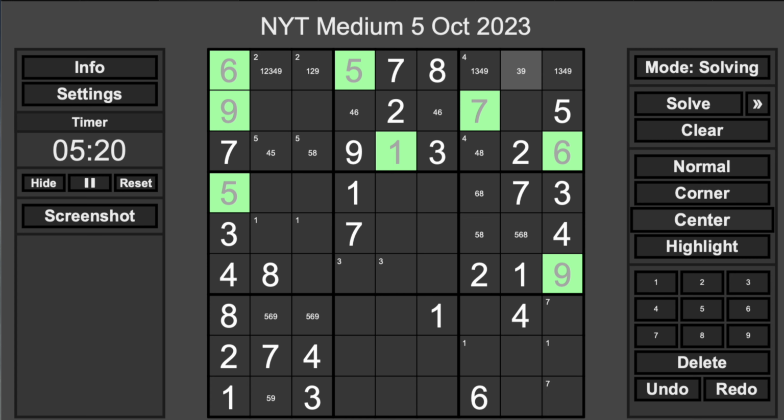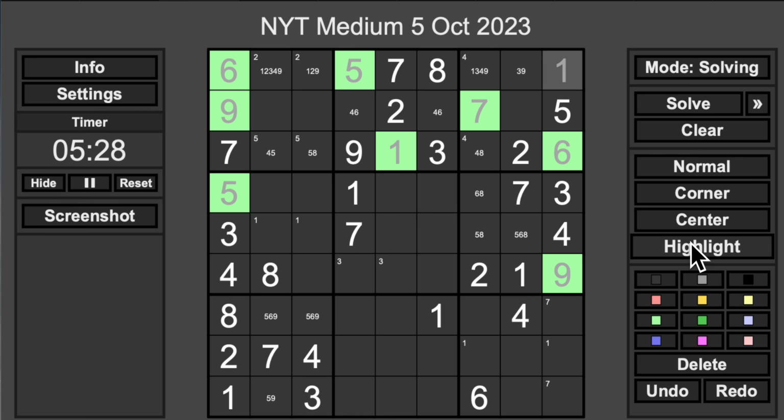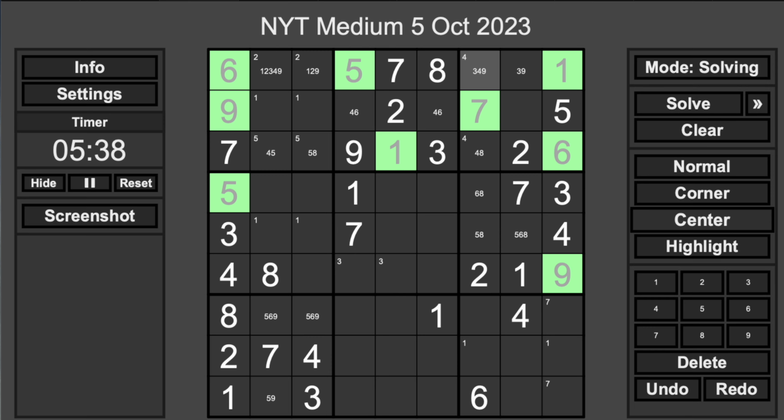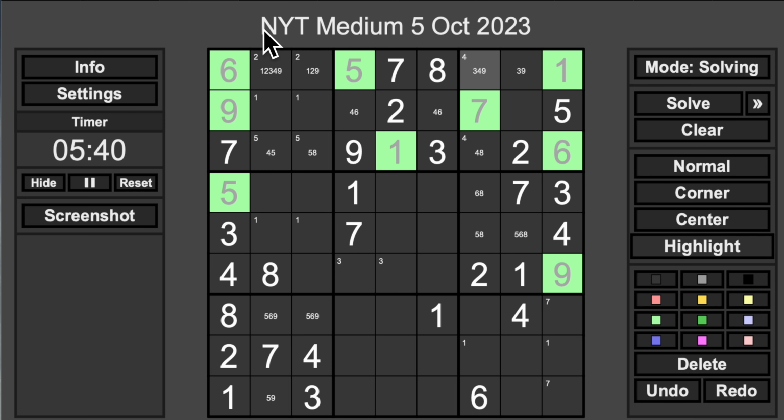That's not 1 or 4. That's not 3, 4, or 9, actually. That must be 1. That forces one of these to be a 1. That's not 1. These aren't 1.